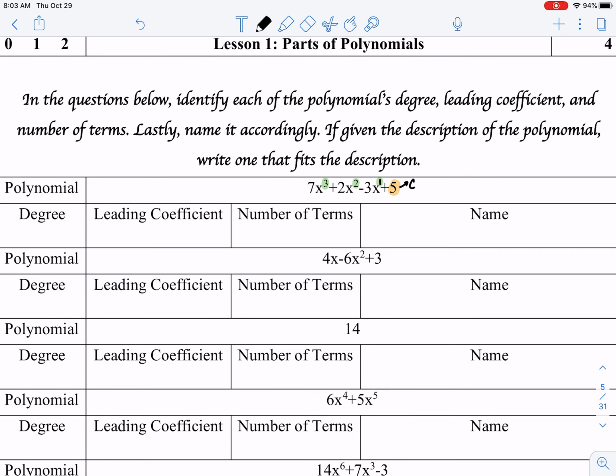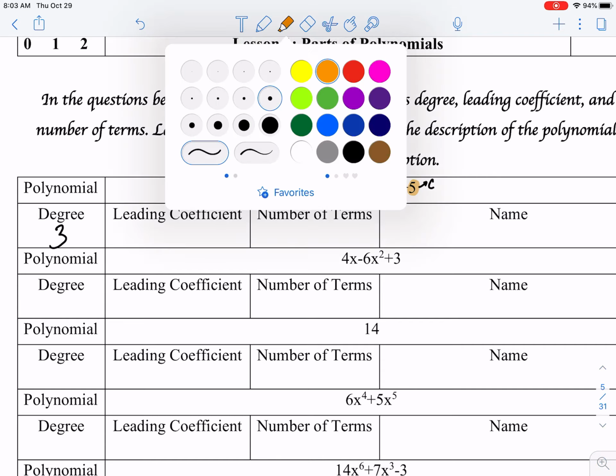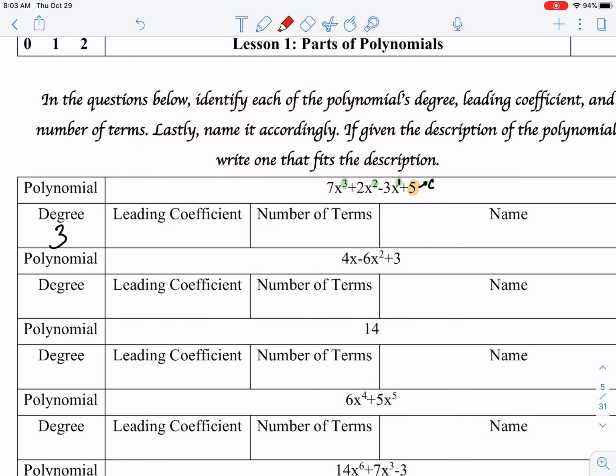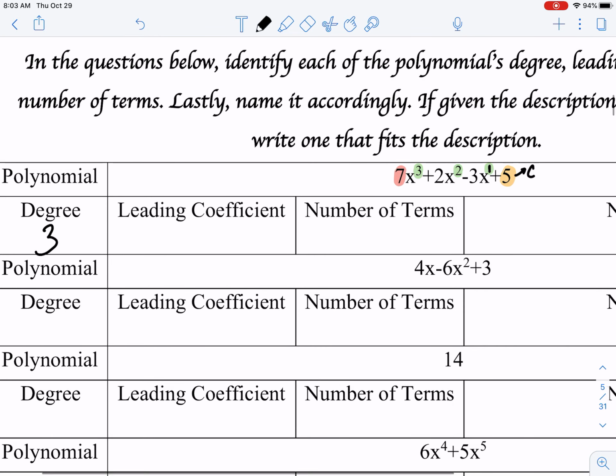So the degree, the biggest exponent I see is 3. The leading coefficient is the coefficient that leads the term where your degree is found. So I have a 7 in this case.